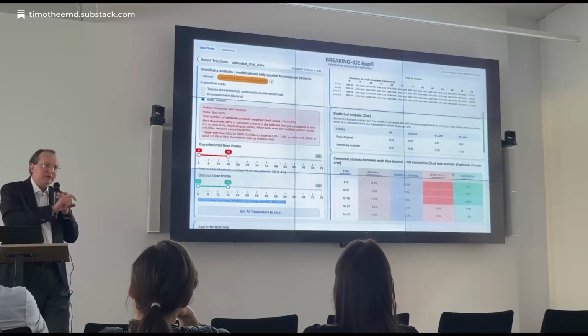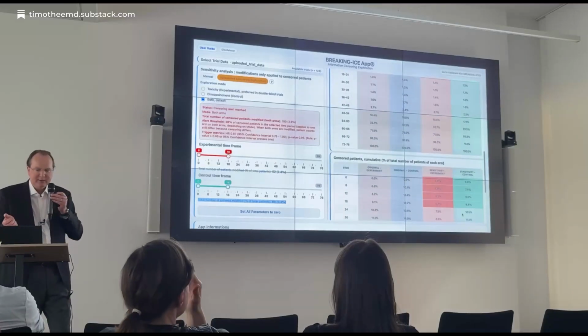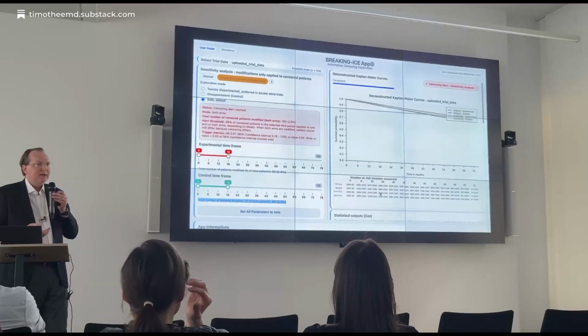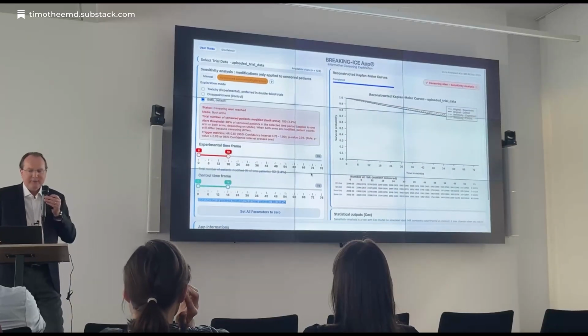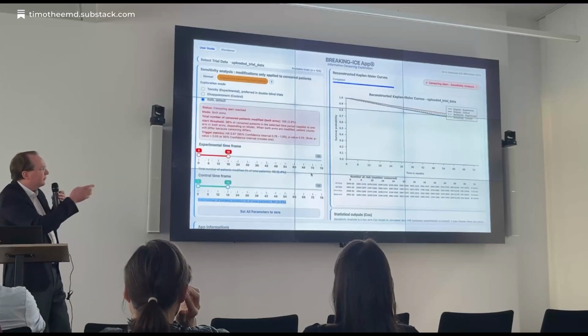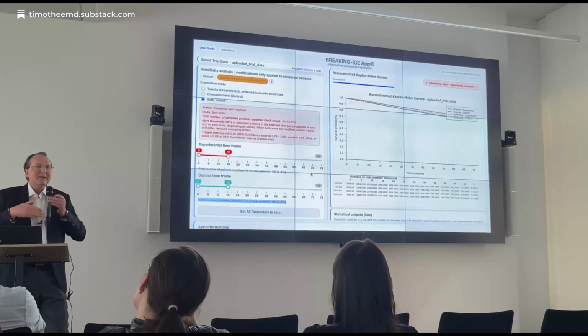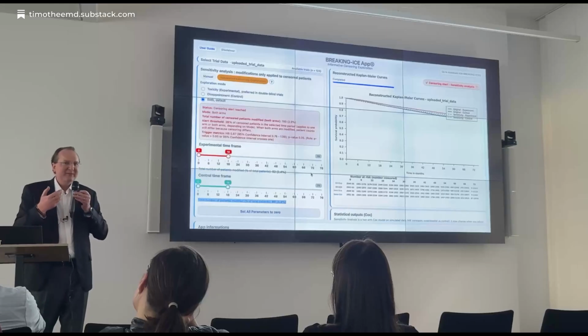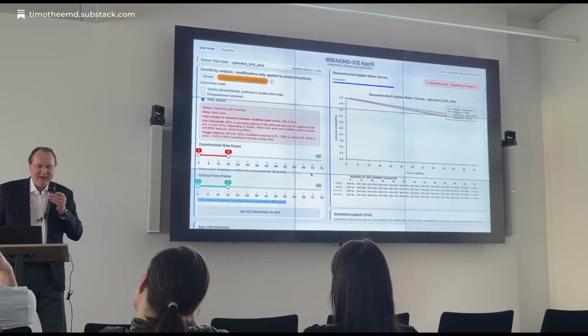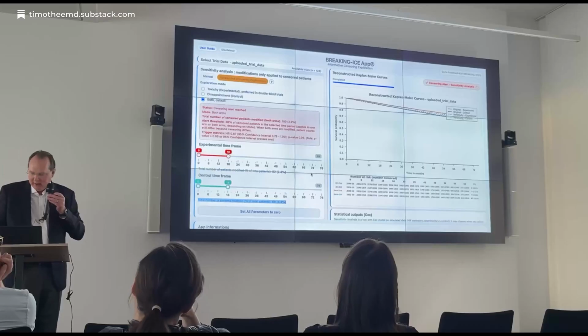For disappointment, you will transform early censoring into late censoring. And then you can see that it triggers what I call a censoring alert. So I'm not saying there is informative censoring, but this is possible, and this should be explored.